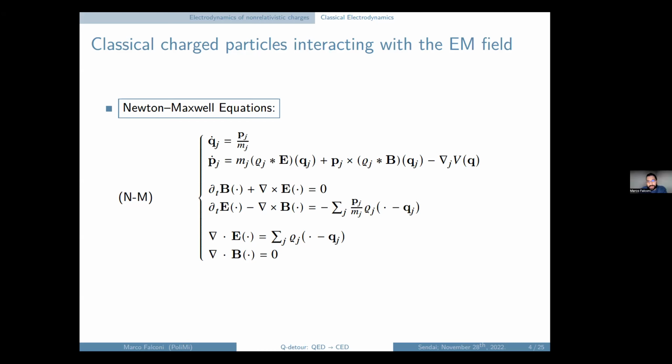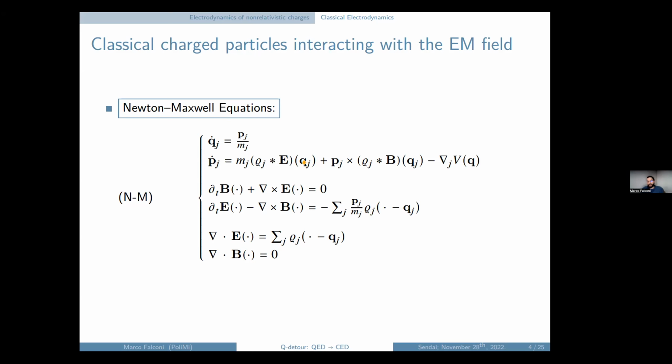Yes, it is the convolution between rho J and E evaluated at the center of mass, QJ. The charge distribution is evaluated at every point in space, but it moves rigidly.